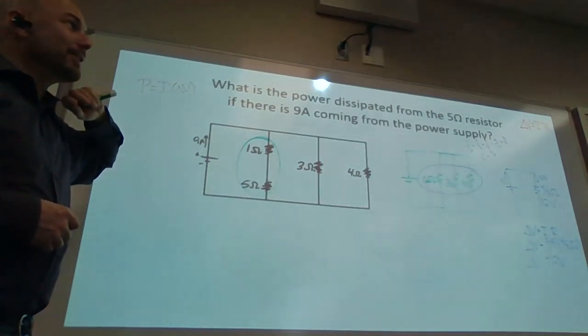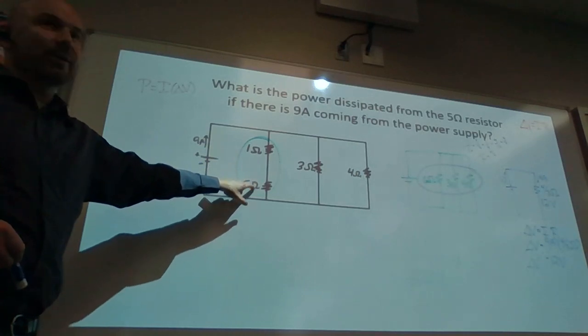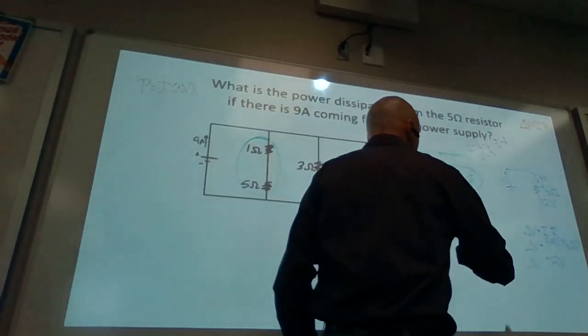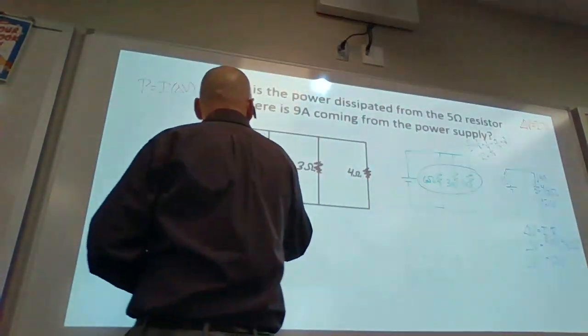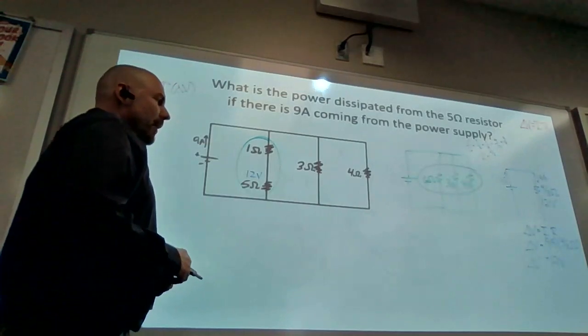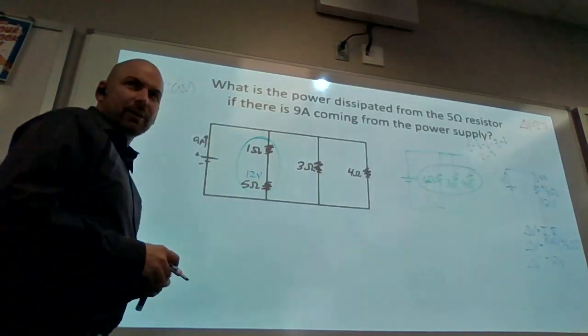I don't want that. I just want how much power is dissipated by this one. If I took this 12 volts and applied that across here and then found the power with that, I would also get it wrong.